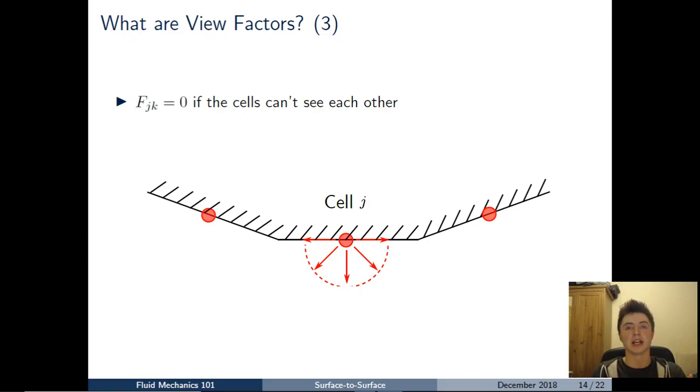Remember that the radiation can't pass through the cell, it doesn't transmit through the cell, so our cell J there can't see the other two cells that are on the boundary. So the view factor for these cells would be 0. And of course, remembering that still if we sum up all the view factors for cell J, they will still equal 1. So that radiation that's being emitted off cell J will have to reach some other cells somewhere, but it can't reach our two cells that are on the boundary there.